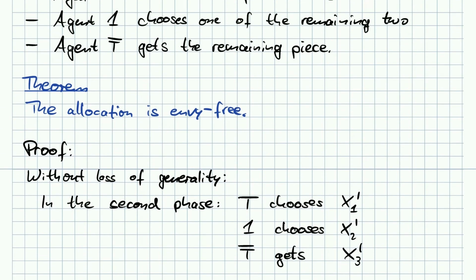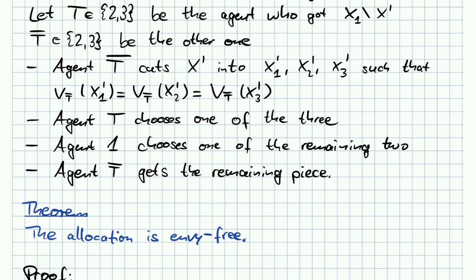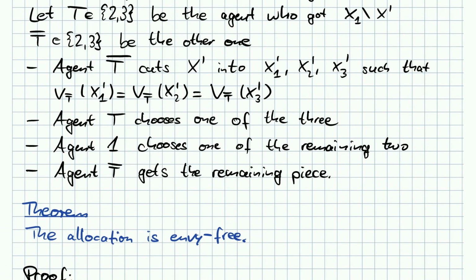Where was this happening? This was this last phase. Here we said, okay, agent T bar cuts this into 3 pieces, which so far we said all have the same value, but we now say agent T will choose this one, agent 1 will choose this one, and agent T bar will choose this one. This is just to simplify our notation here.